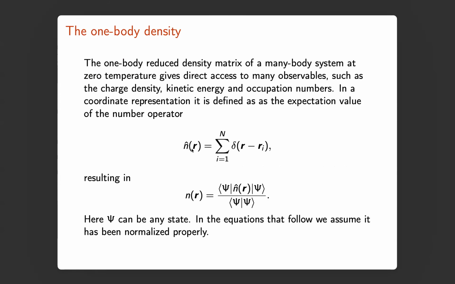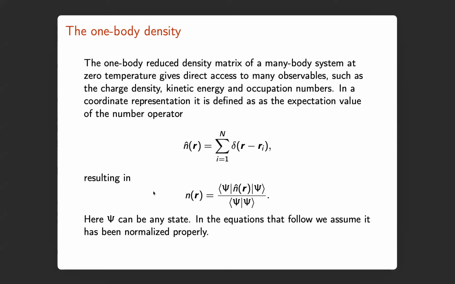Now, there's something which we did discuss in the very, very beginning of the semester, and that is something which we defined as a density operator. When we did this in second quantization, that simply reduced to a dagger a, and that counted the number of particles. So this density operator is just given by these Kronecker deltas.